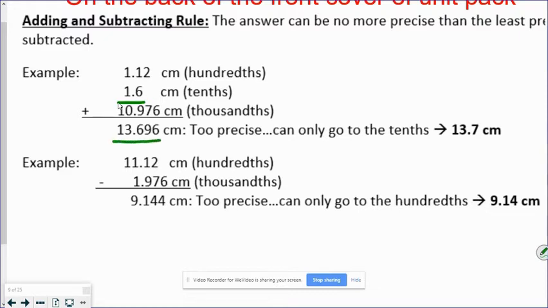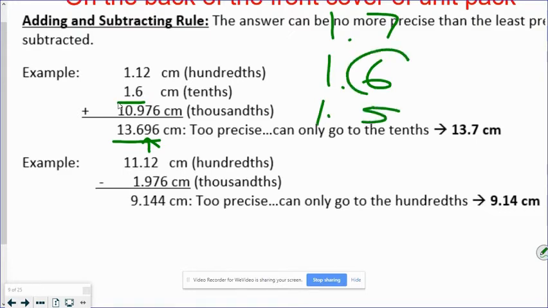Our answer can only go to the 10th place, so we look to the hundredths place. It's greater than a 5, so we round up to 13.7. Again, the reason for this rule is 1.6. The 6 is my estimated digit, which means it could go up to 1.7, could go down to 1.5. If I'm not sure about that 6 in the 10th place, I don't want to pass along data that's more precise than the 10th place in my final answer.